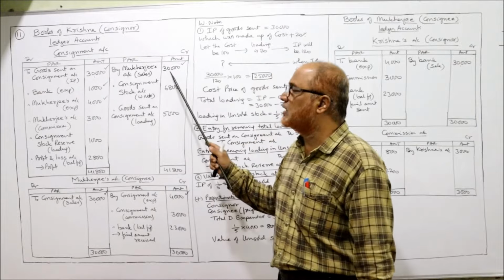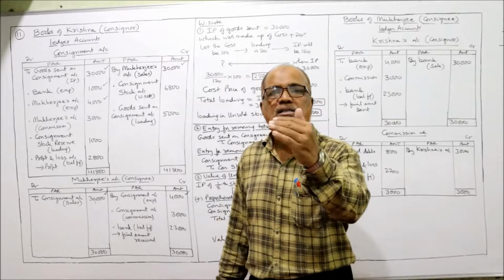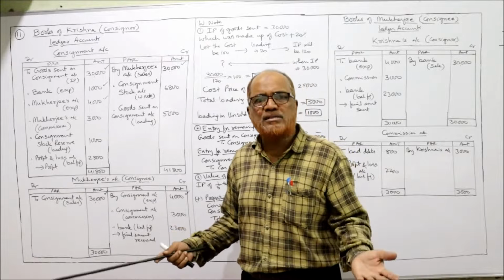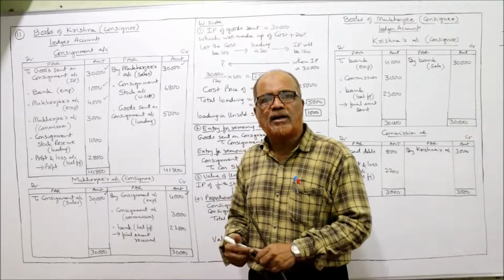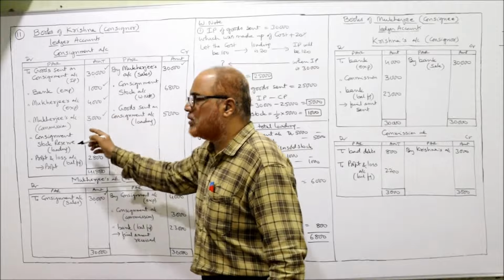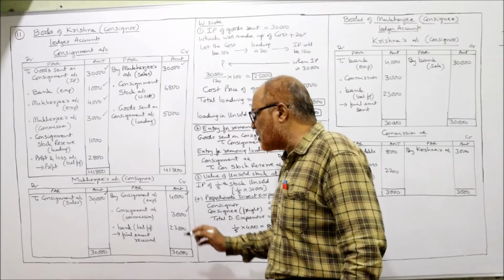How much are the sales? 30,000. 10% of 30,000 is 3,000. In every problem we are passing the same entry. Consignment account debit side to Mukherjee 3,000 commission, and Mukherjee account credit side by consignment 3,000 commission.